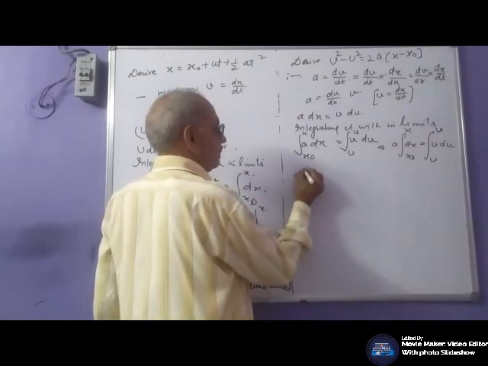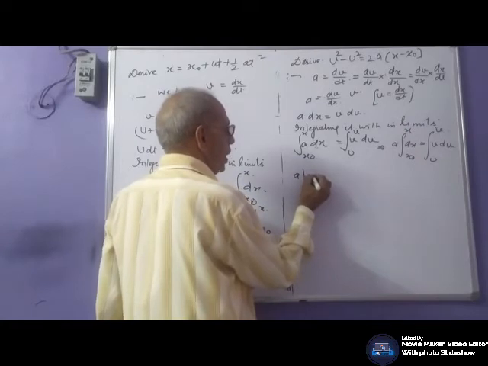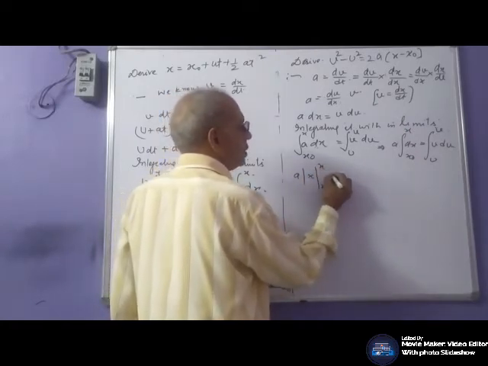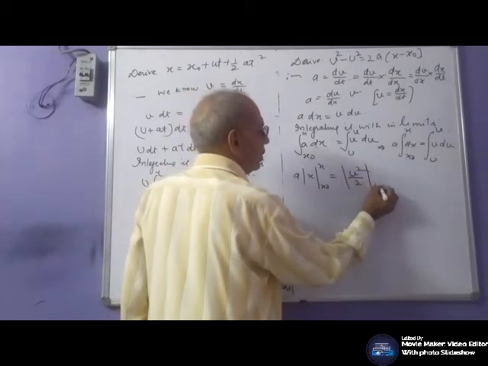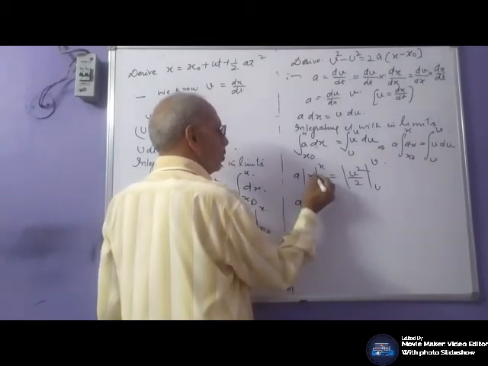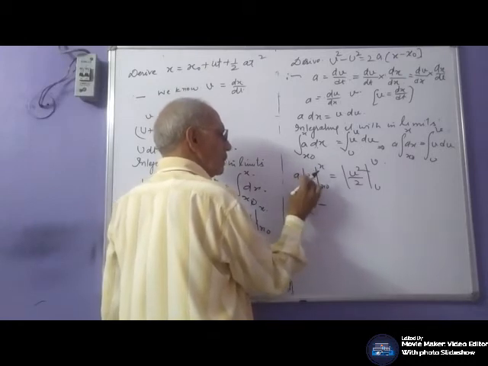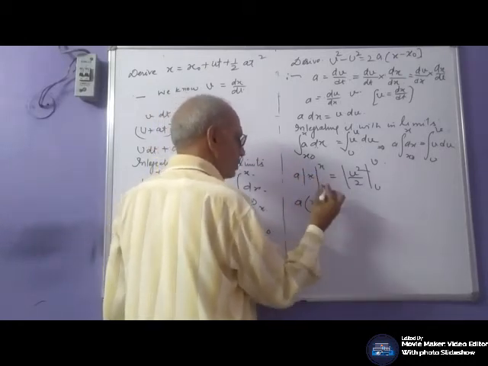A integral x naught to x dx, add 1 to power, divide by same power. Add 1 to power, divide by same power. Value of x is x minus, formula है लिमिट के लिए, value of this is this minus value of this.